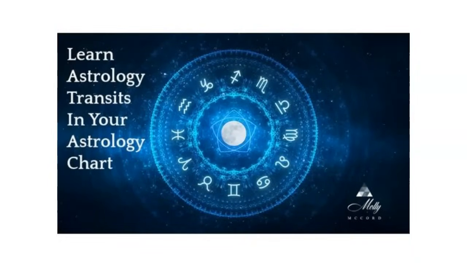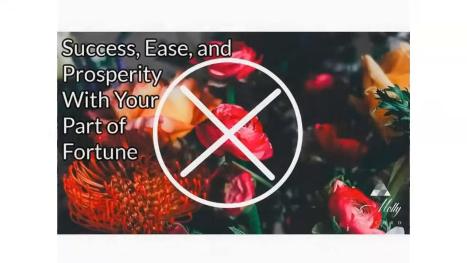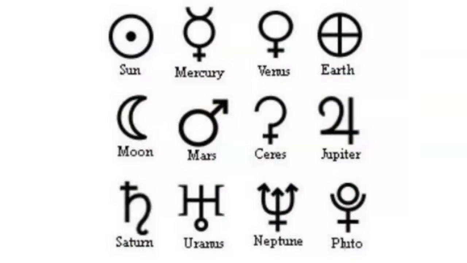your chart. Now, there's two ways that the part of fortune is calculated. There is a method for day charts and for night charts. And don't worry, I'm going to explain all this so that you understand exactly what I mean. In astrology, you have a day chart if your sun is in the top 6 houses.